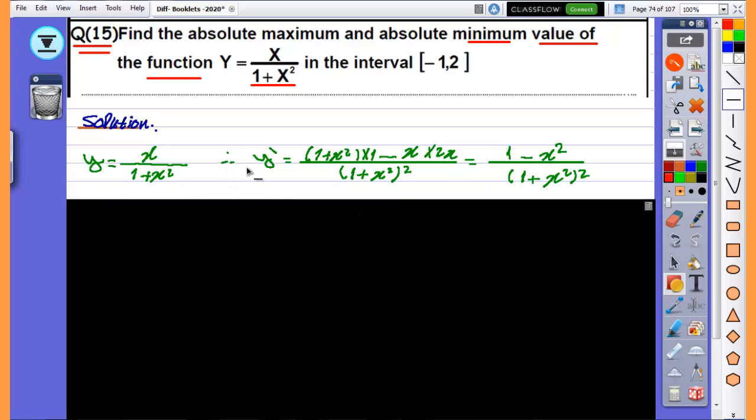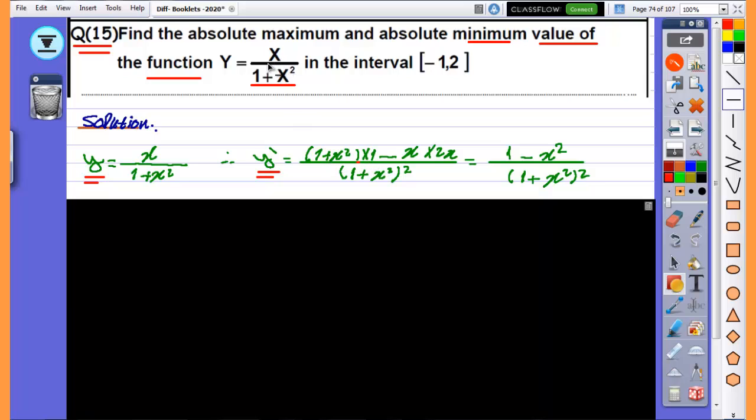First, we must calculate y dash. We have y equals x over 1 plus x square. So y dash equals the denominator multiplied by the derivative of the numerator.